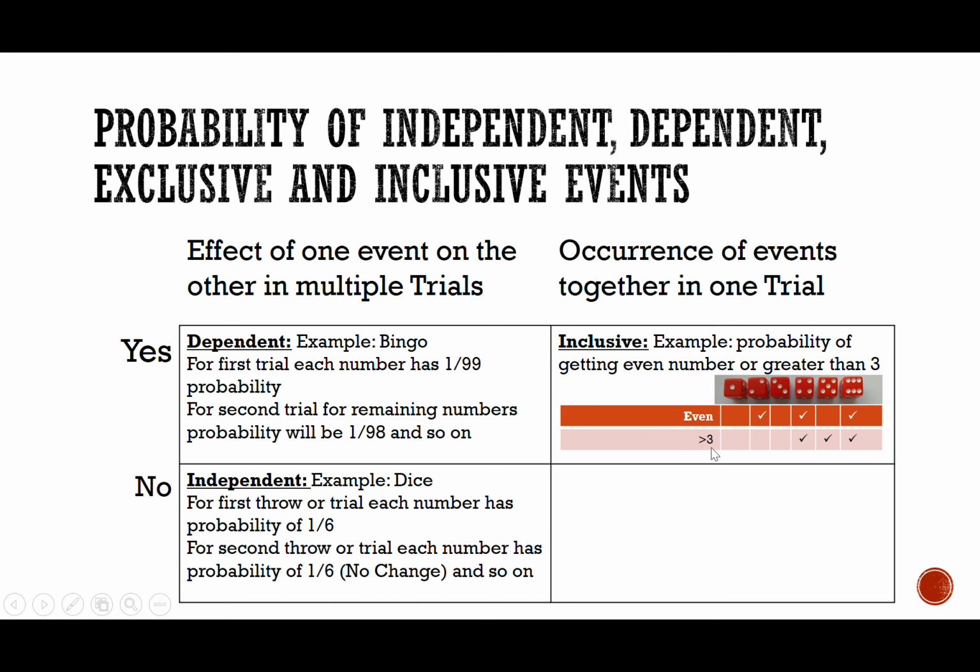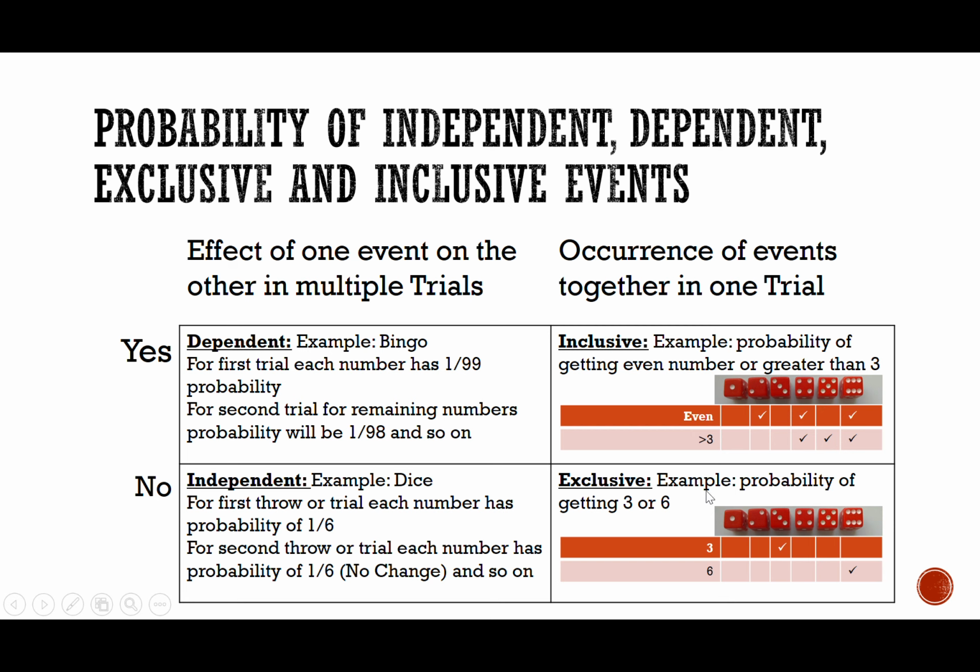For greater than 3, there is a 3 out of 6 probability that we can get greater than 3. But if you notice over here, there is a probability that you can get an even as well as a greater than 3 number. Which means that this event is inclusive.